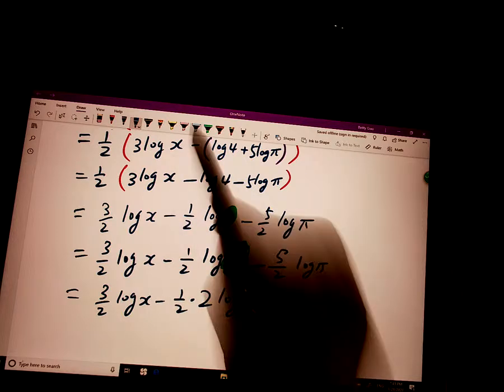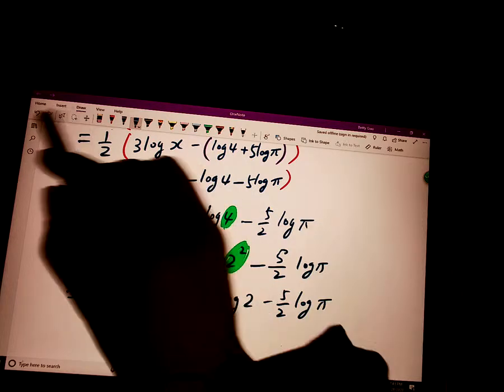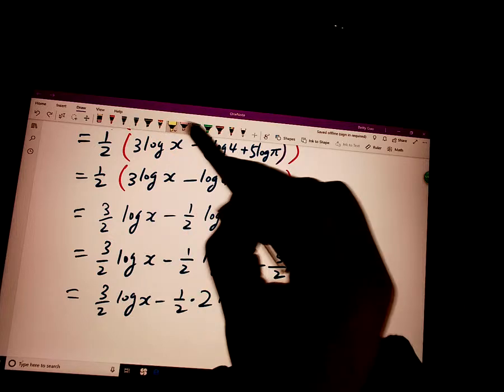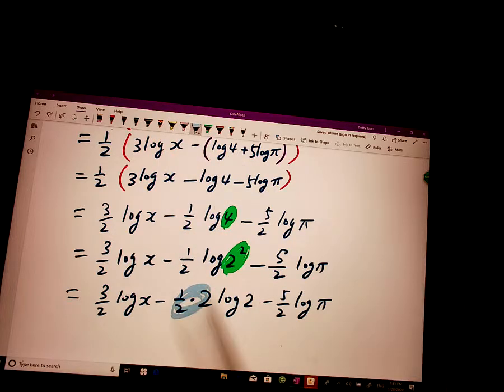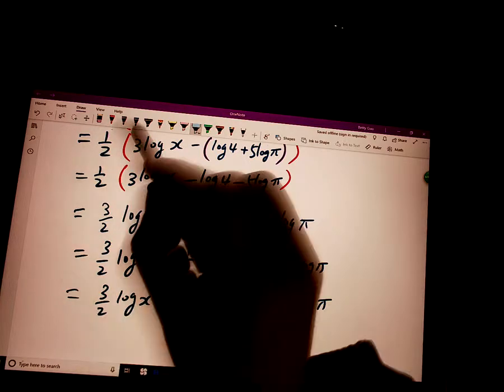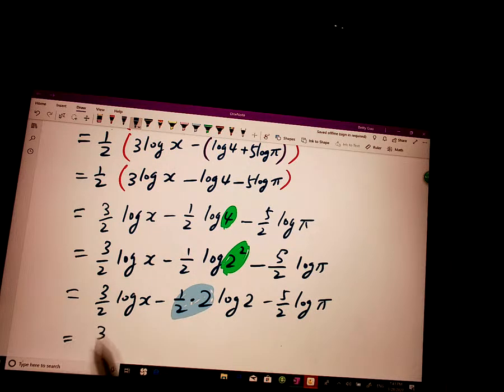So half and 2 cancel each other, so you don't have this part anymore. Of course, that's even better. So the expansion is 3 over 2 log x minus log 2 minus 5 over 2 log pi.